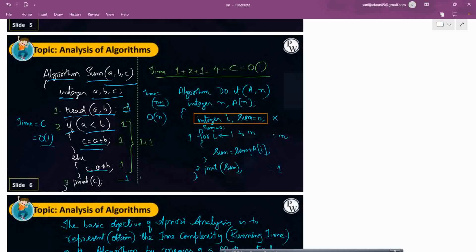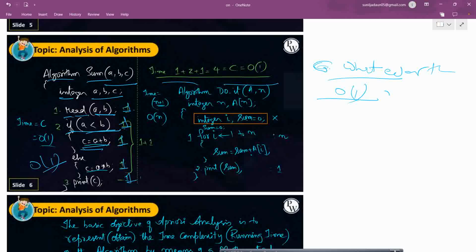This counts for 1, right? This is a comparison, a fundamental operation. This is an assignment, one fundamental operation. This is multiplication and print. So here we have 1, 2, 3, 4, 5 operations. Order of 1 is the time complexity of this problem, because it is constant. Whatever the constant, the time complexity is order of 1 always.